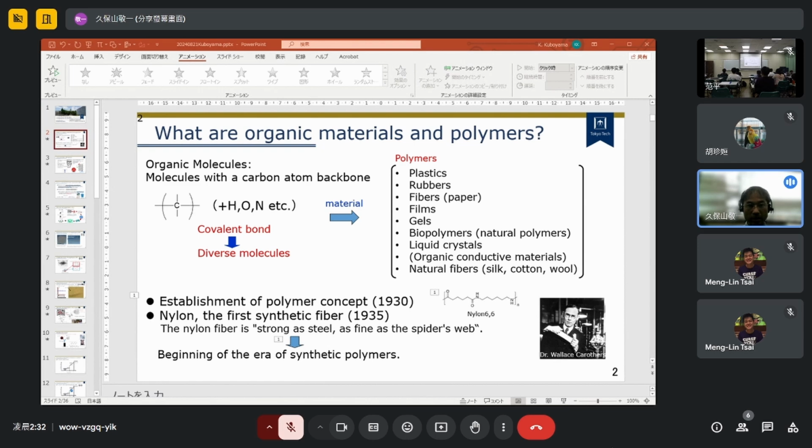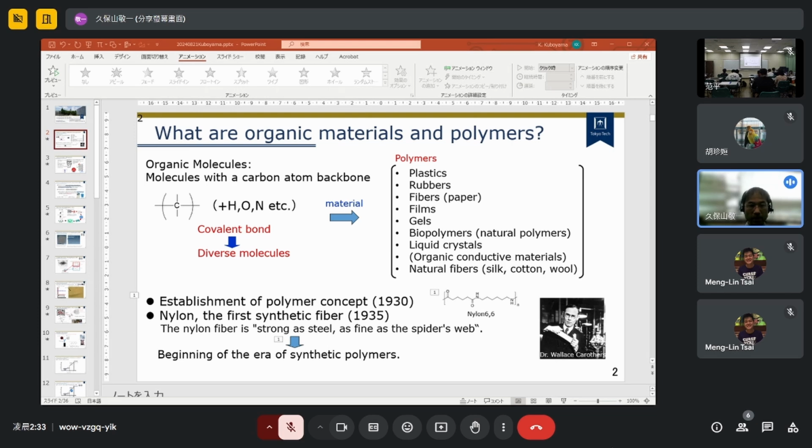So the polymer chain consists mainly of carbon, but also hydrogen and oxygen and nitrogen and so on. And the polymer is a very long chain molecule. Normally you know polymers as plastics or rubbers, fibers, films, gels, and so on.